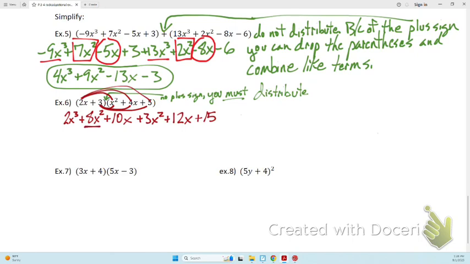Looks like we have a like term here and here and here and here. So just drop that 2x cubed down. 8 and 3 gives us 11x squared. 10 and 12 gives us 22x plus 15.